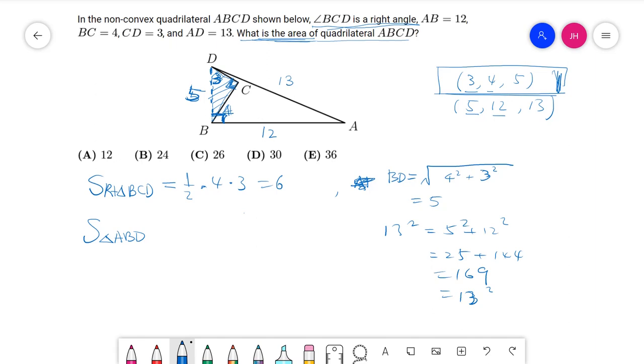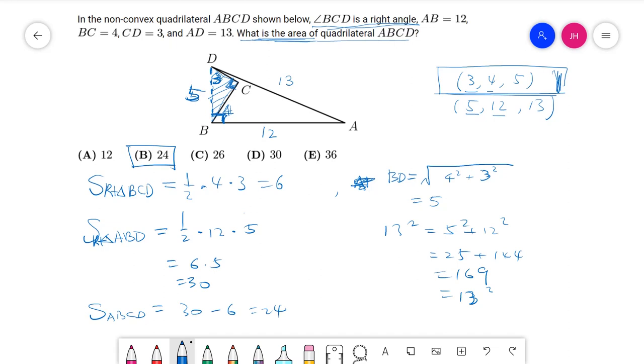Therefore, the area of this right triangle equals a half times 12 times the height, 5. So that equals 6 times 5 equals 30. And of course, the area of ABCD will equal 30 minus 6. That's 24. So the answer is, where is it?